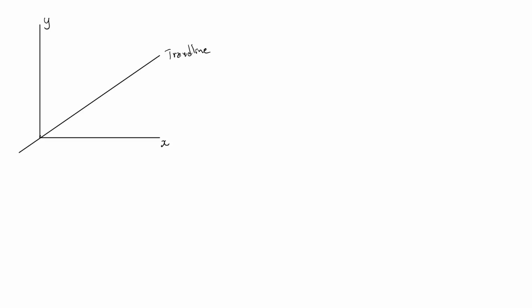The intercept is zero and it still has a slope such that when x increases by 1 unit, the trend line increases by b2 units. The equation of the trend line will now be y is equal to b2 times x.